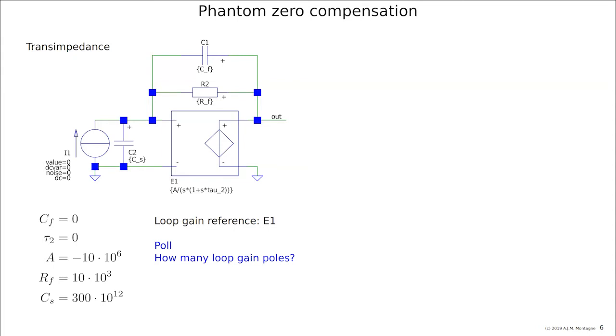But don't forget, there's also a pole in the origin in the transfer of the voltage controlled voltage source, because it states A over s there, and s is still a Laplace variable. So this system has two poles. Be aware, this kind of question can be an exam question. So really look carefully at the circuit and try not to skip anything.